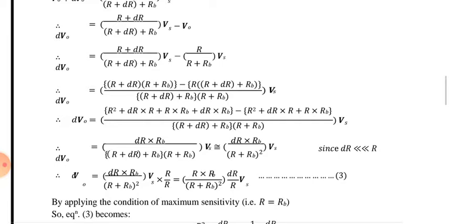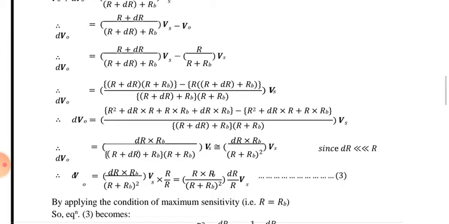Okay, so in this equation what we have done, we have multiplied and divided by capital R. So there will be no effect of R, because R will get cancelled out. So here we can write DR in the numerator and capital R in the denominator.